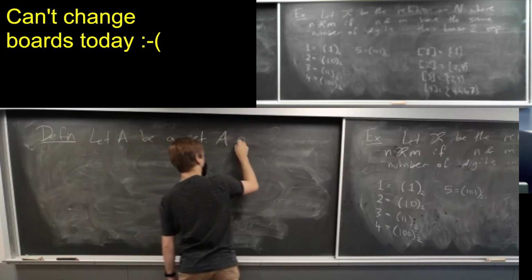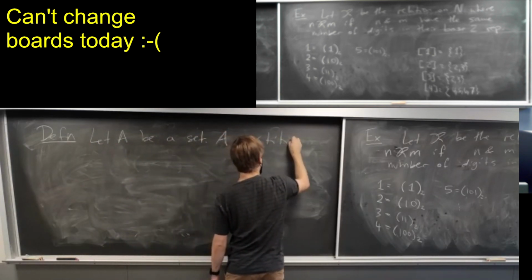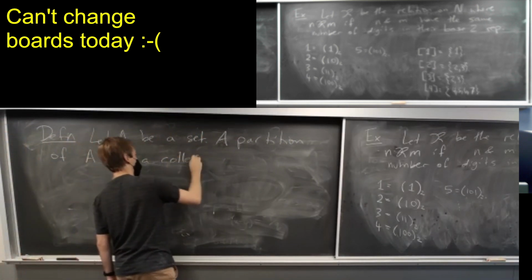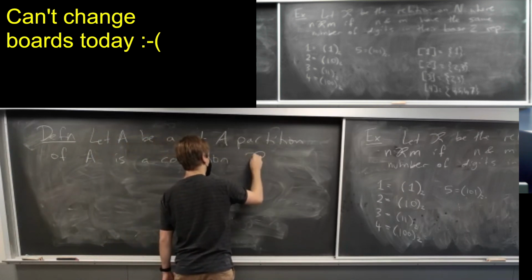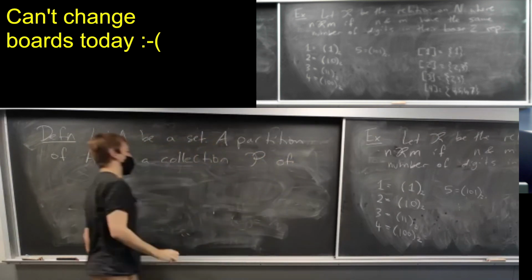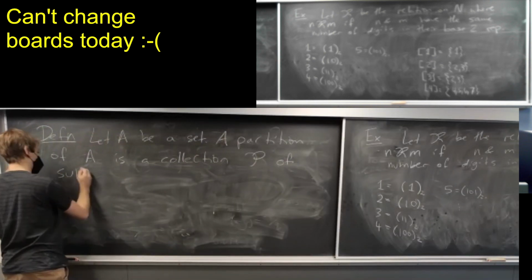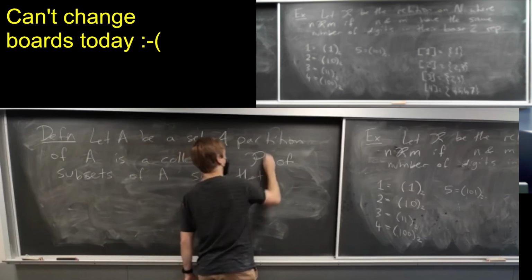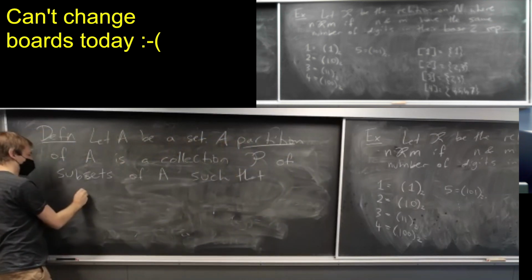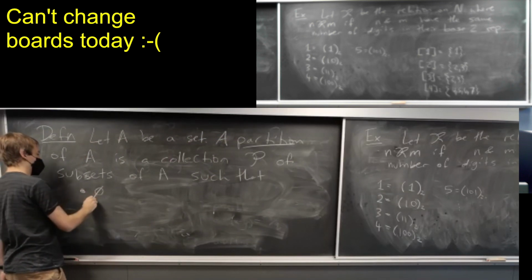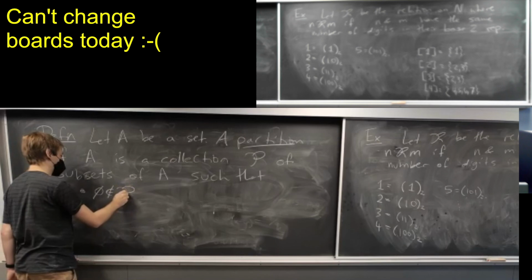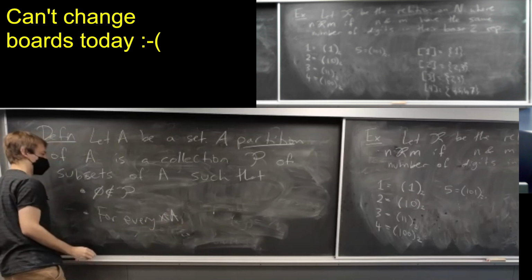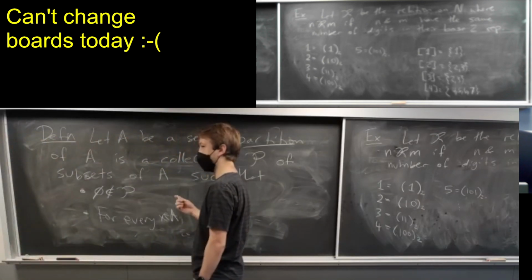A partition of A is a collection, let's say curly P, of subsets of A such that there are two rules. The empty set is not allowed to be in the partition, and for every x in A, there has to be a unique element of the partition that contains x.